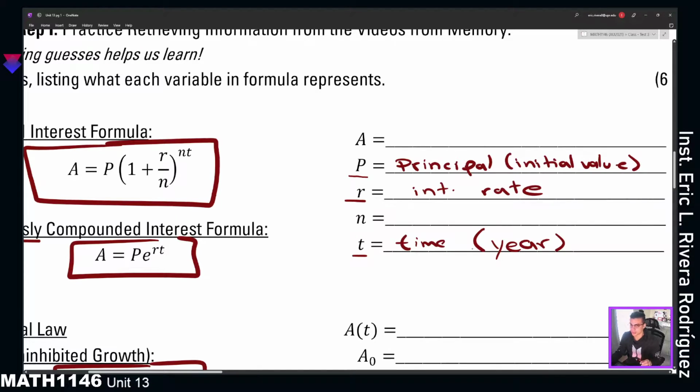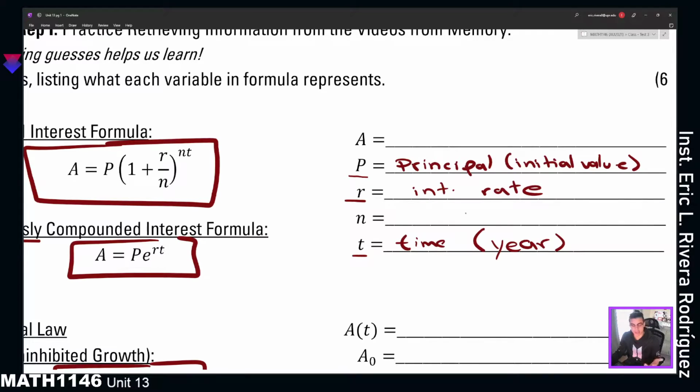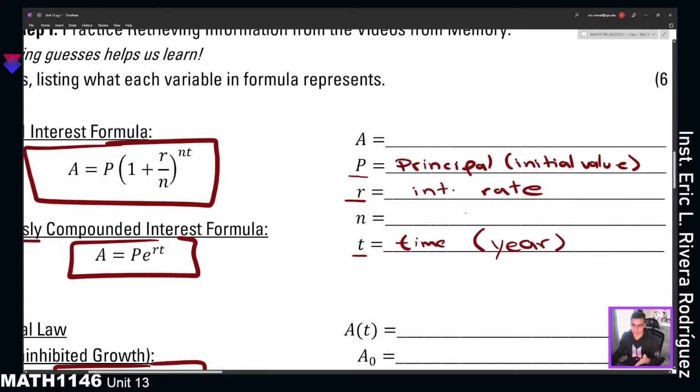For example, if you have 8 months, how do you turn that into years? 8 divided by 12 gives you 8 months in years. We will do examples where we need to do this, so don't worry about that.